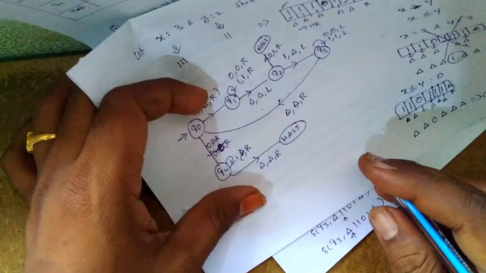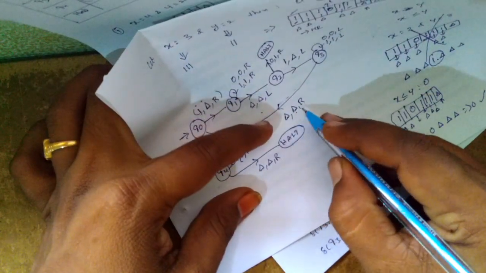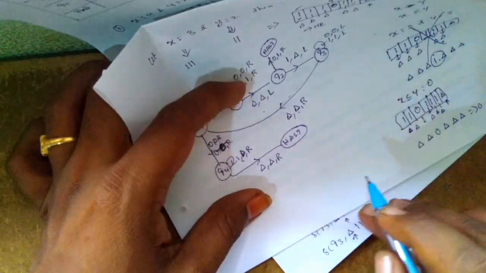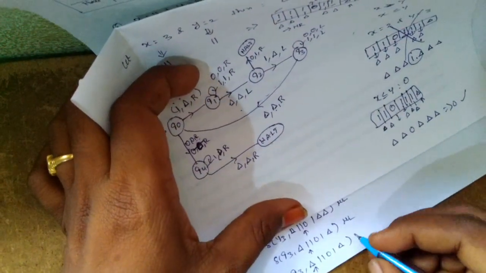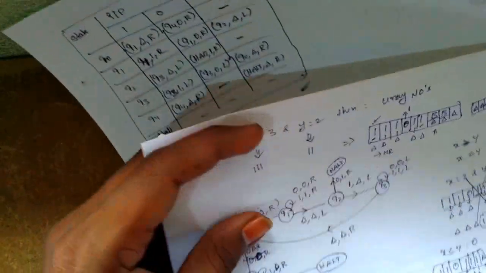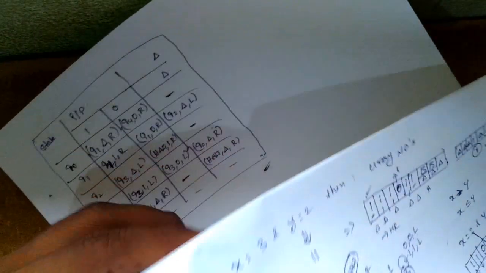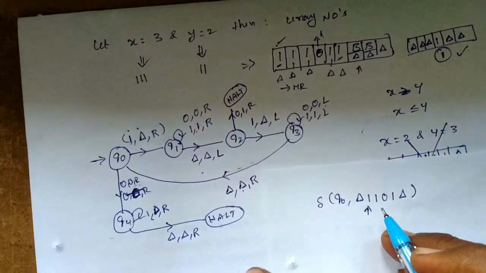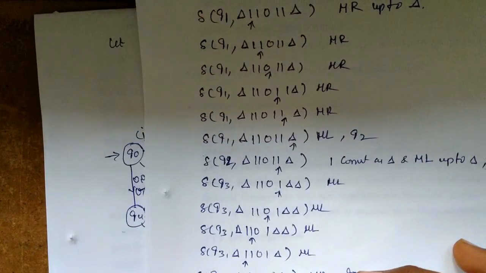Now check from Q3: the head input is del, so the output symbol is del, and then move right. Previously we performed this one.